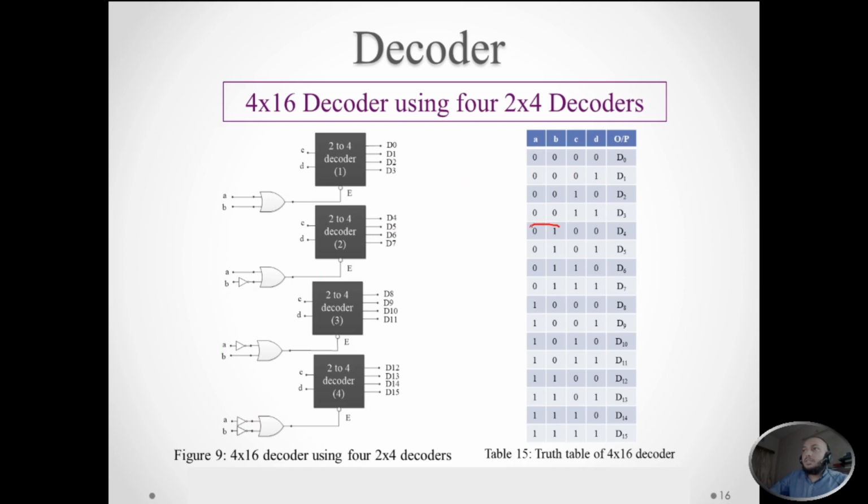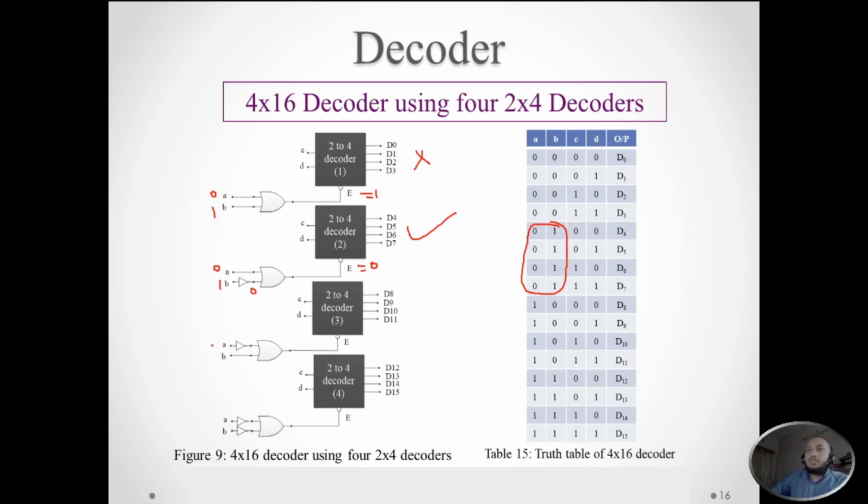For these 4 cases, we can write like this 0 1. So one of the inputs of this OR gate is 1, we will get 1 and this decoder won't operate. Here for 0 1, we will get 0 here, so this OR gate is getting 2 zeros so the output will be 0 and this decoder will operate.